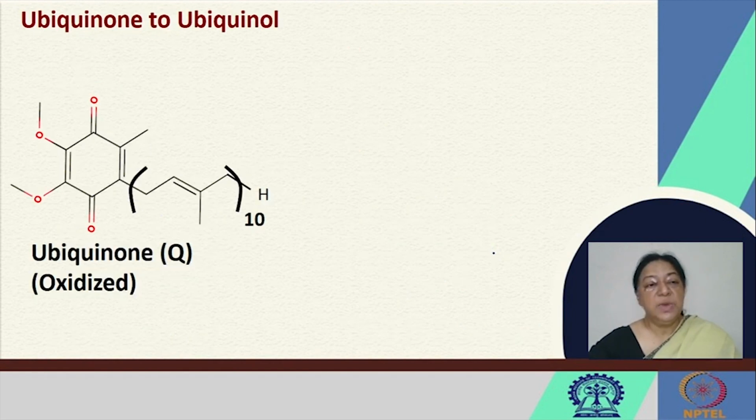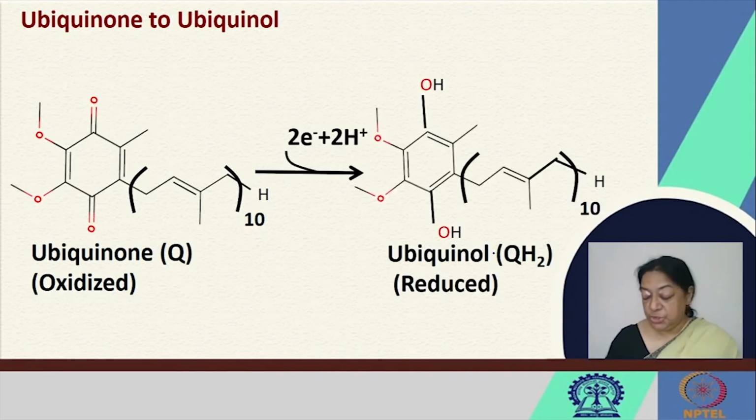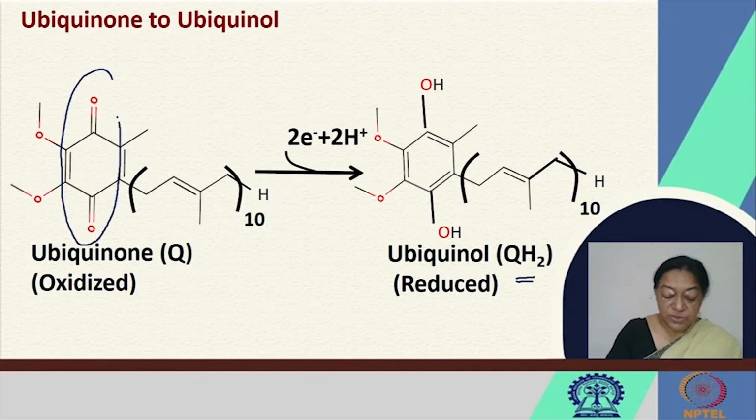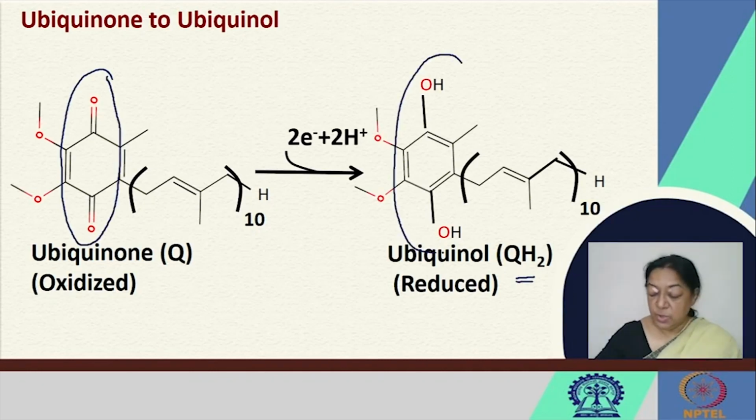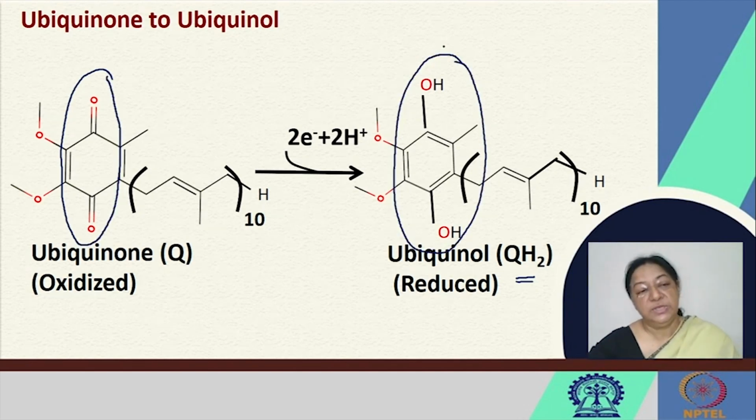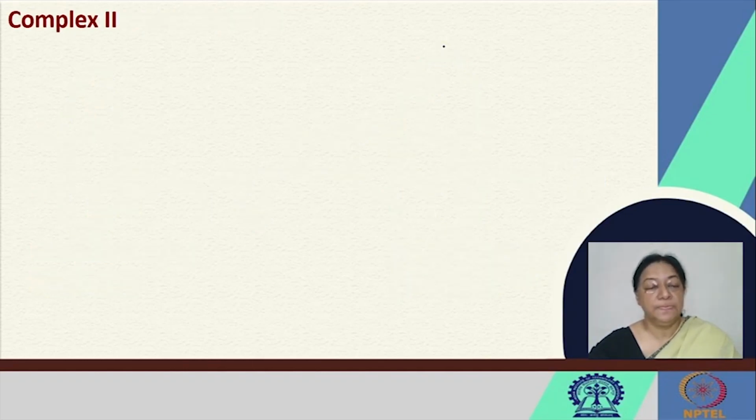The other process where we have ubiquinone to ubiquinol, Q going to QH2 that we looked at, where we have the quinone moiety, this moiety, form the quinol moiety. So these are the reactions that generally occur in this specific complex 1.